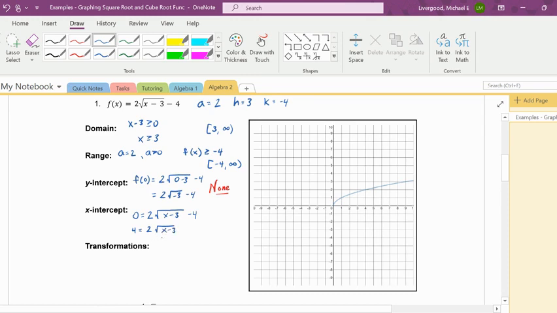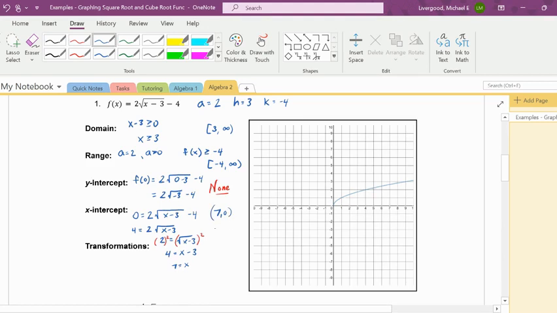We divide by 2. 2 will equal the square root of x minus 3. And now we square. So to get this x out of the square root symbol, we're going to square both sides of the equation. It's going to give us 4 equaling x minus 3. And then we add 3, and we see that 7 is equal to x. So we do have an x-intercept at (7, 0).